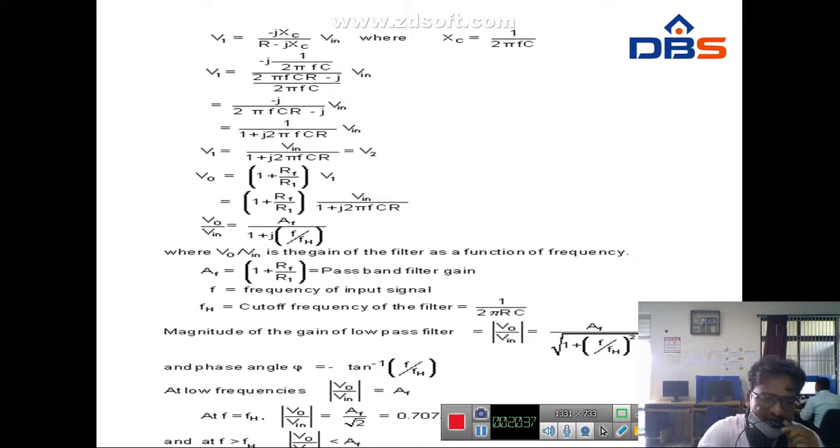And if F is greater than Fh, the magnitude will be less than AF. So the operation of the low pass filter can be verified from the gain magnitude equations.